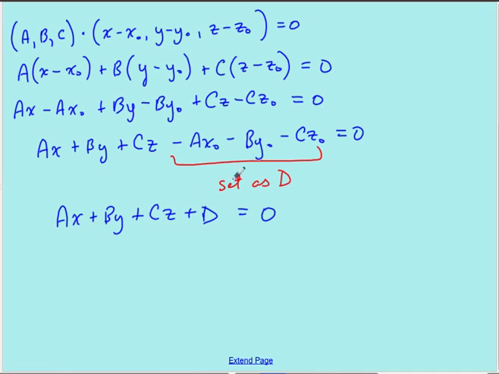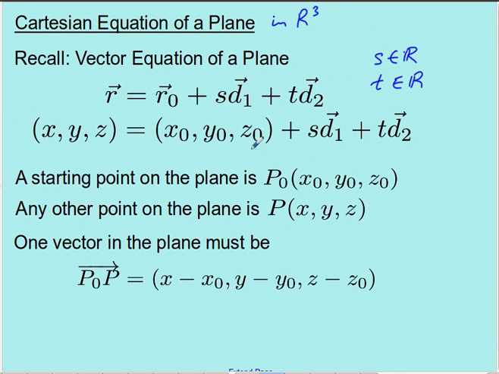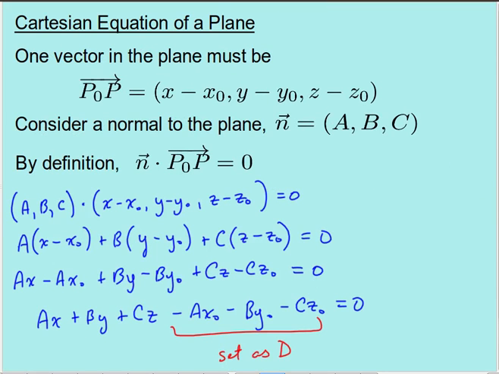Now, you might think that I've pulled a fast one here with what I've done about setting this to d, but you have to remember our starting point could have been an actual position vector and an actual pair of direction vectors. And when we talk about the idea of normal to the plane, we actually do have the math required for that.